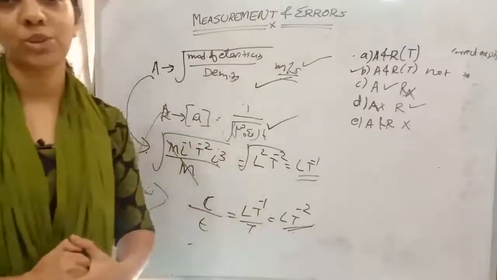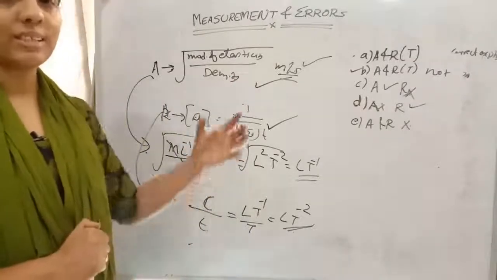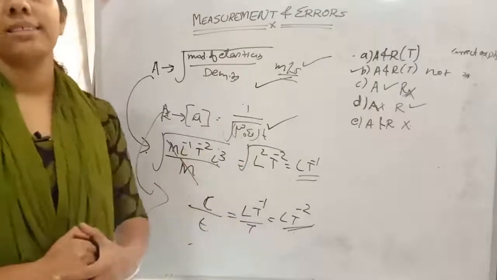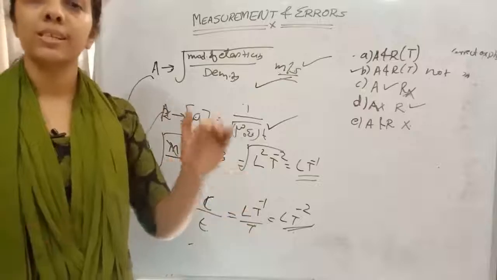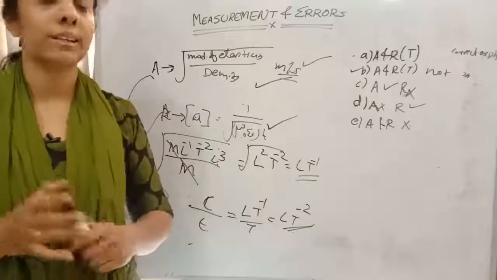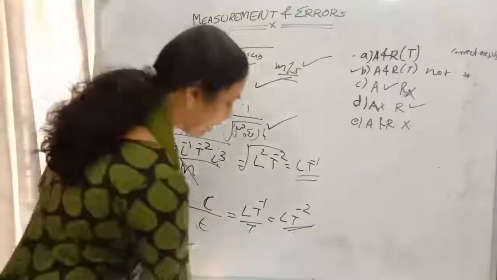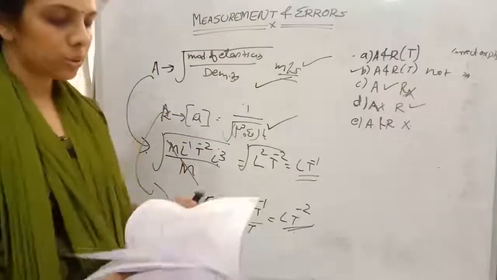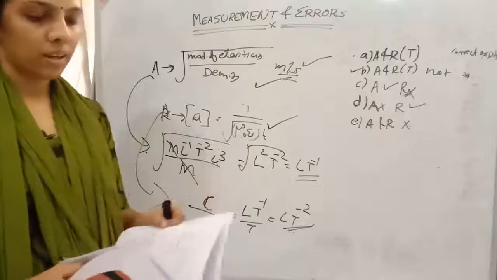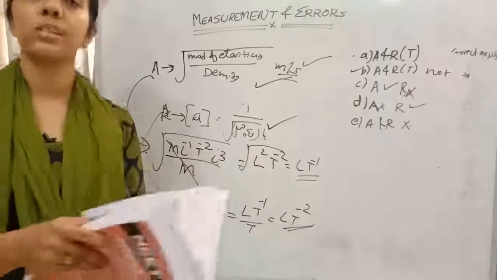That was an easy question, easy dimensions only I had chosen. After completing your 11th, what you should do is see the same kind of dimensions that are coming. Here in this textbook it's already given, you can just go through that. If you have this textbook it's good, otherwise it's also available on Amazon.